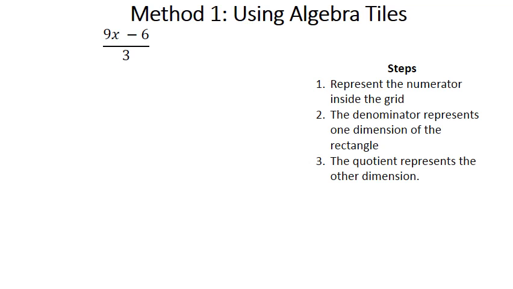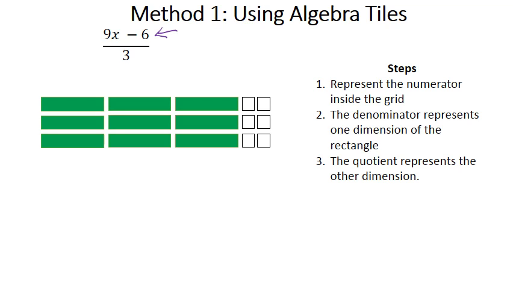In this example, my numerator is 9x minus 6. To represent that, I need 9 x tiles: 1, 2, 3, 4, 5, 6, 7, 8, 9. And then minus 6 would be 6 negative small tiles, which represent 1 each. So I've done step 1.